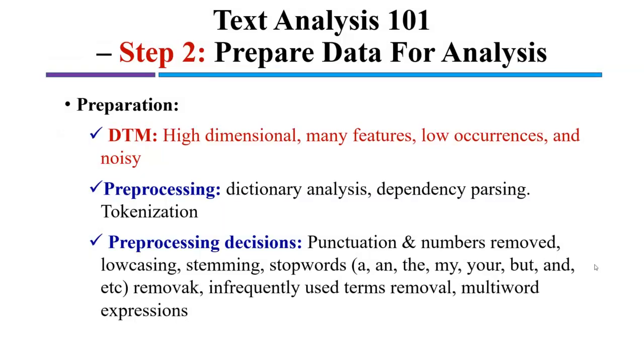This is why those huge matrices are called high dimensional, with many features. Maybe some words are repeated a lot, and some words maybe only once. If I have 50 marketing publications, maybe one word shows up one time in one document but never shows up in any of the other 49 documents. So it's possible some words have low frequency. Okay, so there is lots of noise going on.